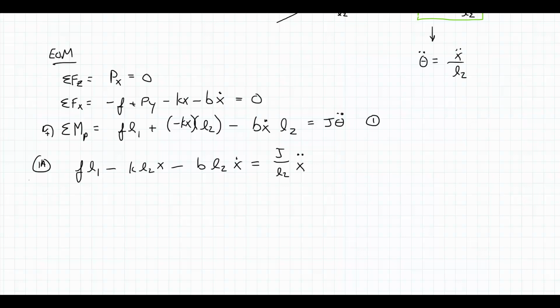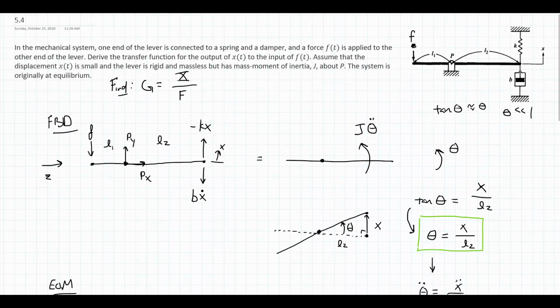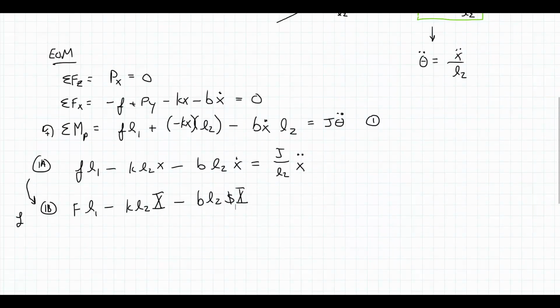Okay, so I can take 1b and I'm going to do a Laplace transform. So little f is a function of time. That is our input. So that will go to capital F times L1 minus k is constant, L2 is constant. x is going to go to big X when I take its Laplace transform, minus b and L2 are constant. x dot will go to s times X. Here, once again, we're starting at equilibrium, so those initial conditions all drop out.